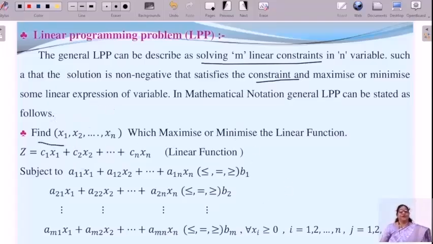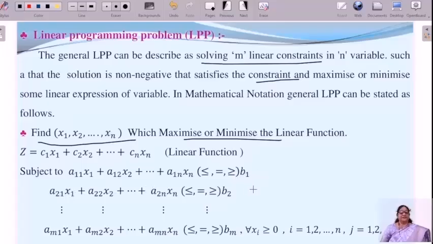We have to find non-negative variables x1 to xn which maximize or minimize our linear function. The linear function is z = c1 x1 + c2 x2 + ... + cn xn, subject to a11 x1 + a12 x2 + ... + a1n xn less than or equal to, greater than or equal to b1.